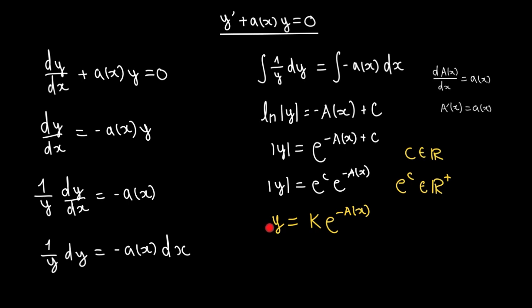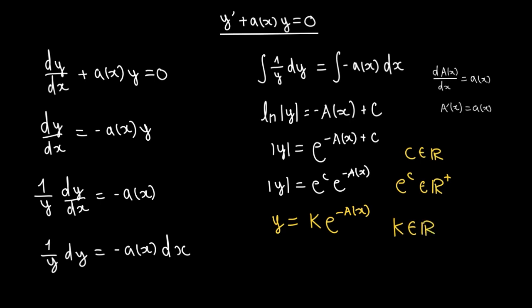And the sign of y is exclusively determined by the sign of this constant k, because e to the minus capital A of x is always a positive number. And so k can either be a positive or negative number. What's even more interesting is that k is actually a real number. So it can be negative, positive, but also equal to 0.